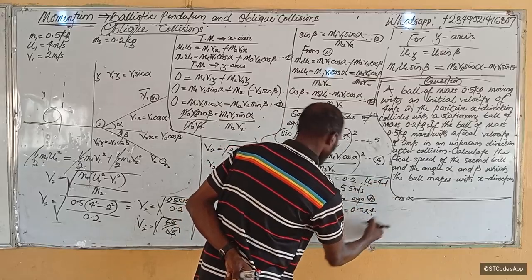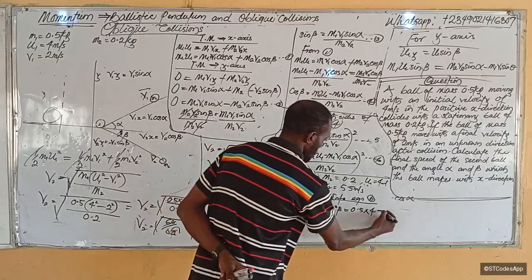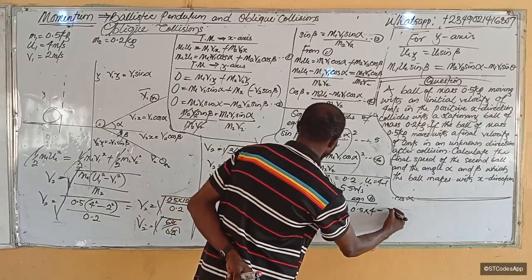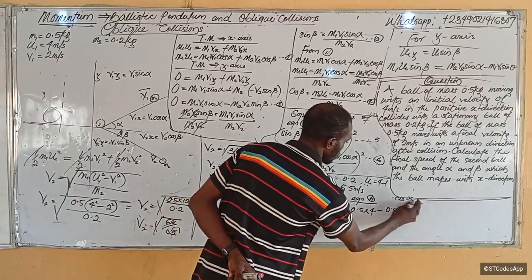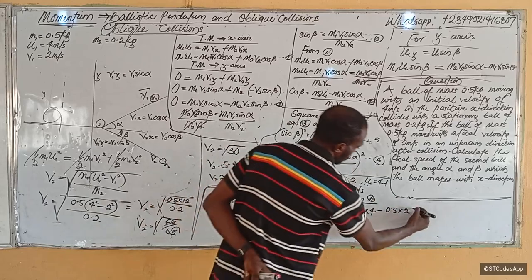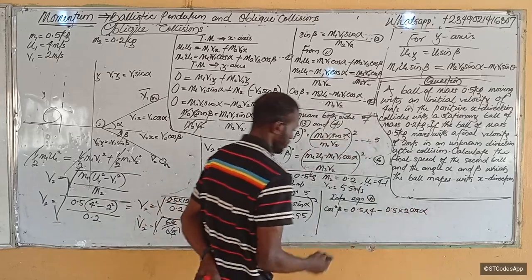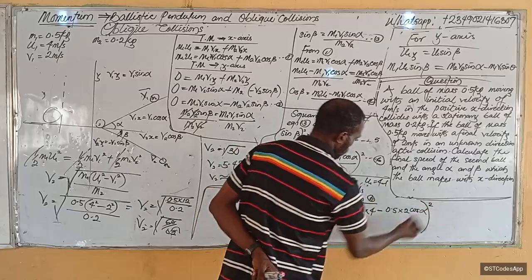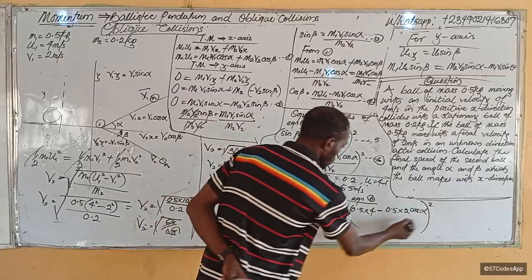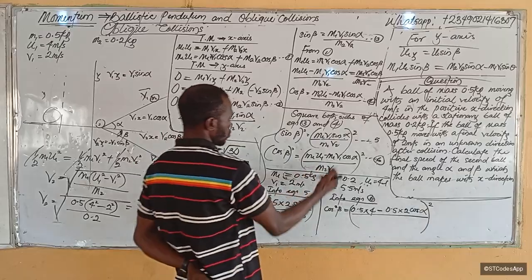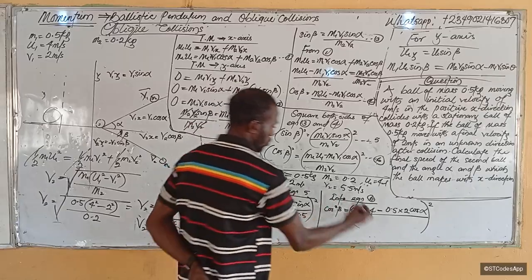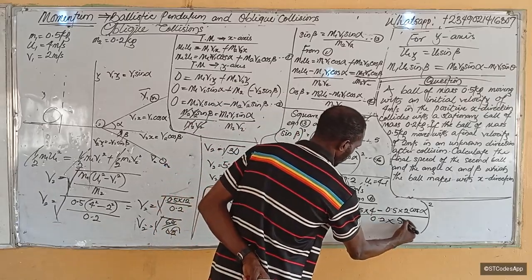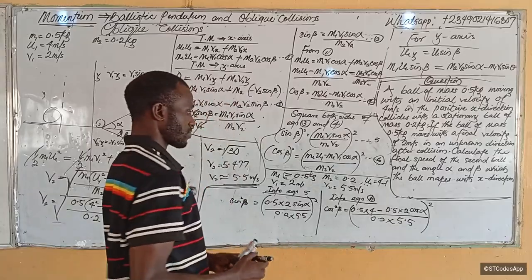So that is 4 minus m1 again, 0.5 times v1, 2, then cos alpha all squared over m2 v2. What is m2? 0.2 times v2, 5.5.